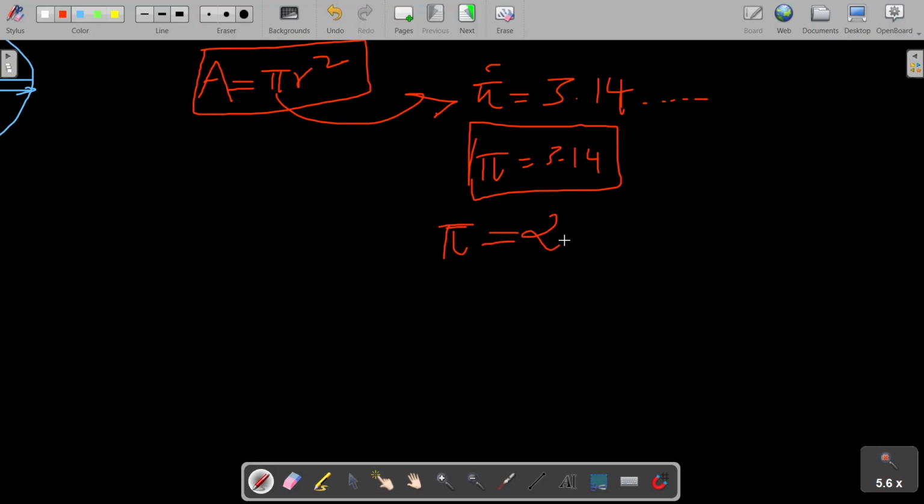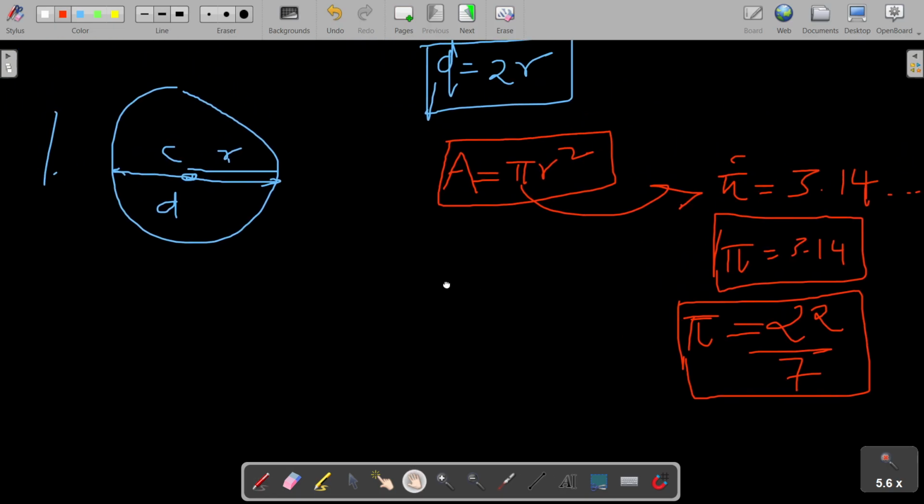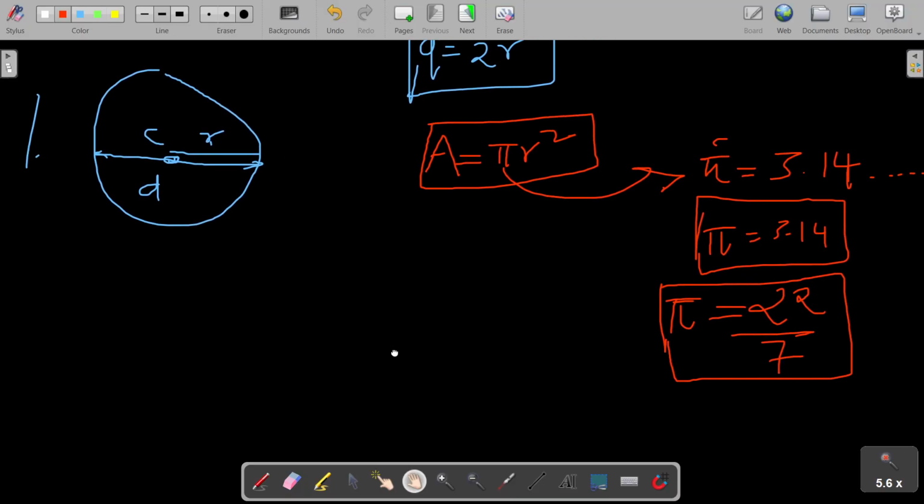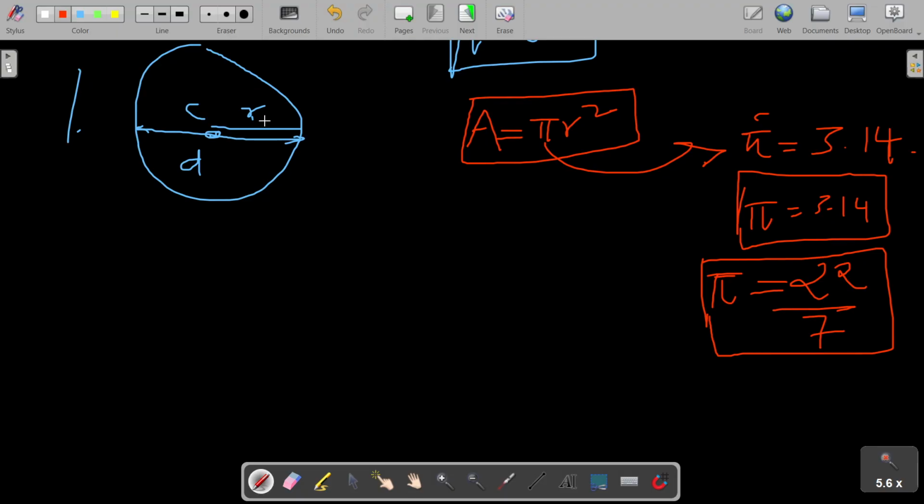Instead of using this 3.14 decimal, we can also use 22 upon 7. This is also approximately 3.14. So to make calculations easier, we can use 22 over 7.